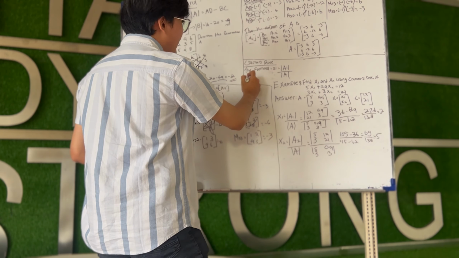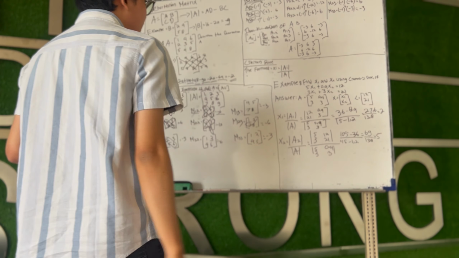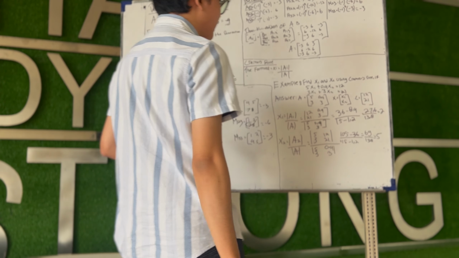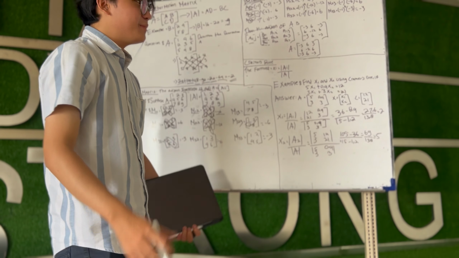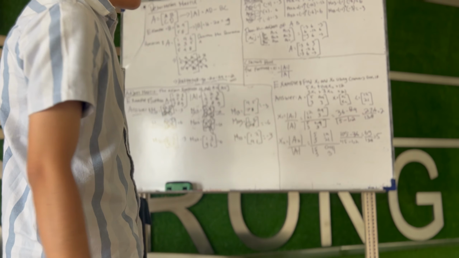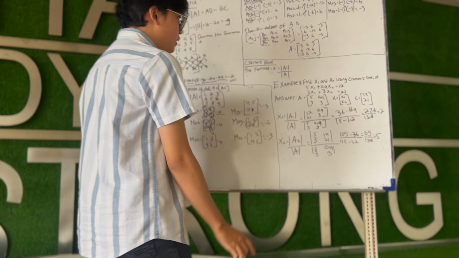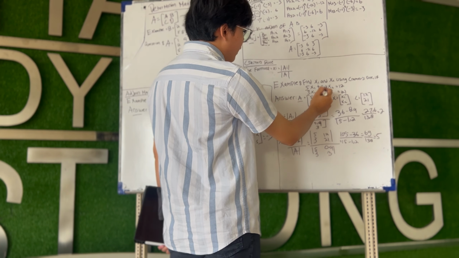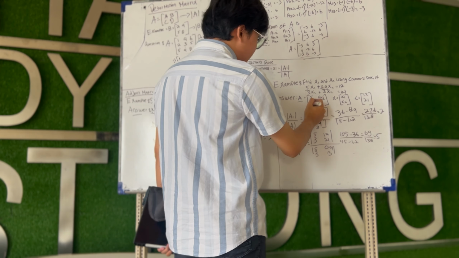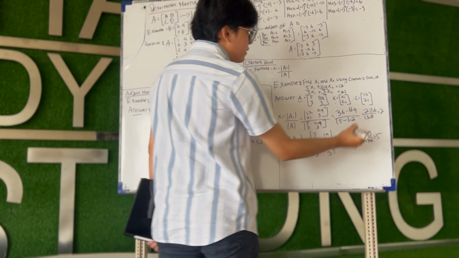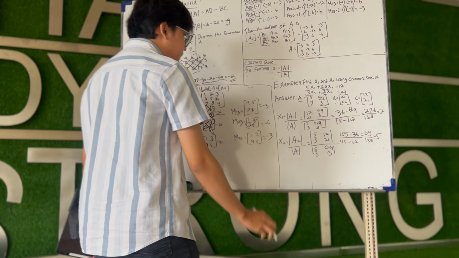The formula is X equals adjoint per A, and the example is: find x1 and x2 using Cramer's rule. If 5x1 plus 0.4x2 is 12, and 3x1 plus 3x2 is 21, the answer is A is 5, 0.4 and 3, 3, and X is x1 and x2, and C is 12 and 21.